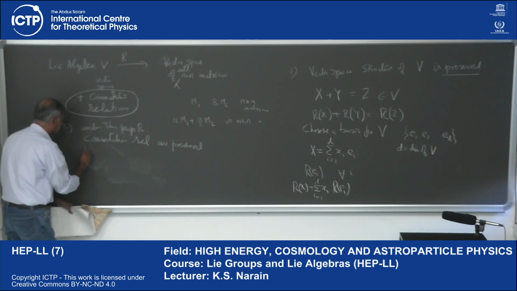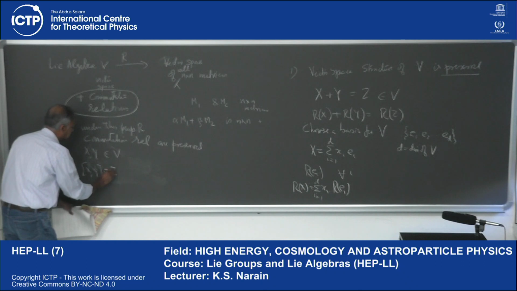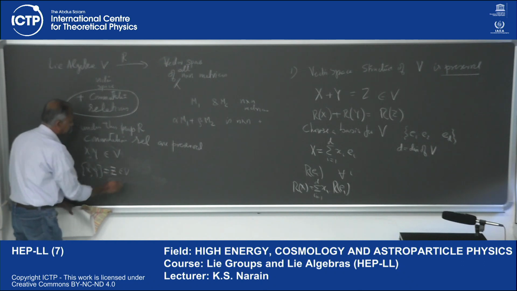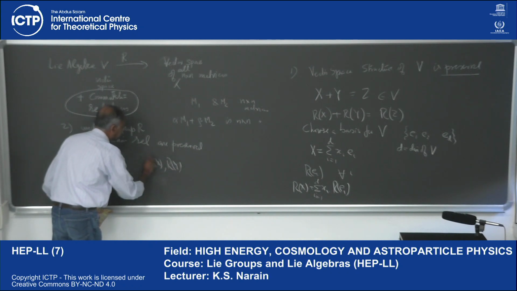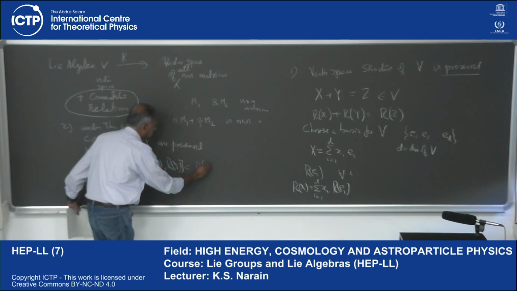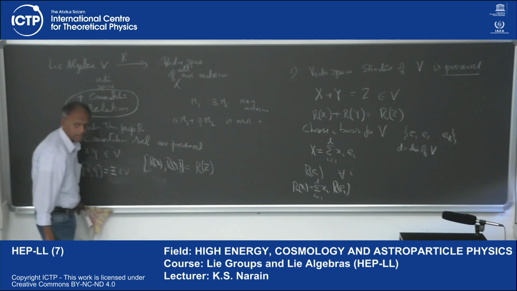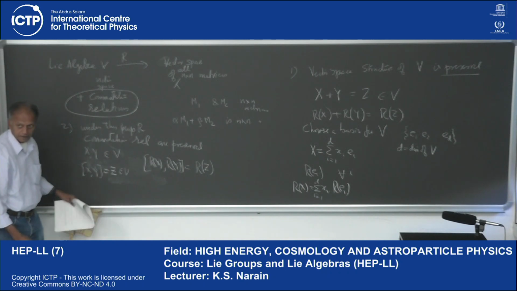Which basically means that if I have x, y belonging to E, and let's suppose the commutator of x and y is equal to z, some element of E, then what we are saying is that Rx commutated with Ry is equal to Rz. So that is again the statement here.